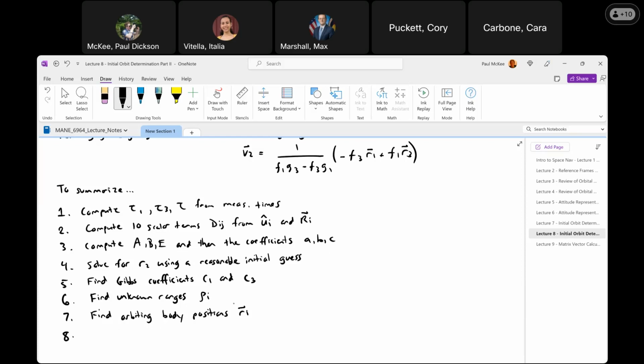Number 8, approximate the Lagrange coefficients F1, F3, G1, and G3, because remember, it's a first order approximation or a kind of lower order approximation.